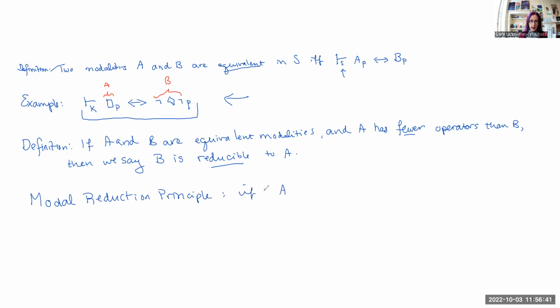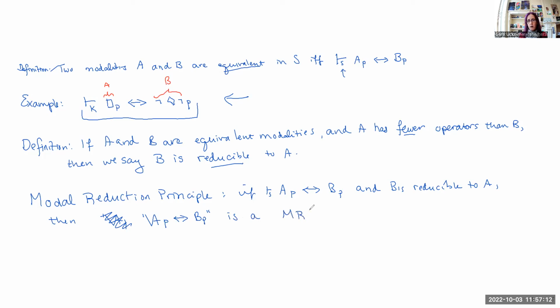So if we can prove in system S, AP, if and only if BP, where A and B are distinct modalities, and B is reducible to A, then AP, if and only if BP is a modal reduction principle in system S.